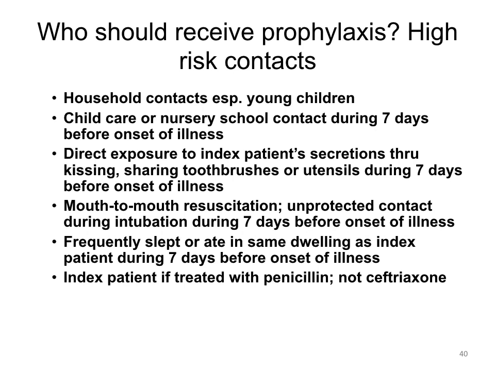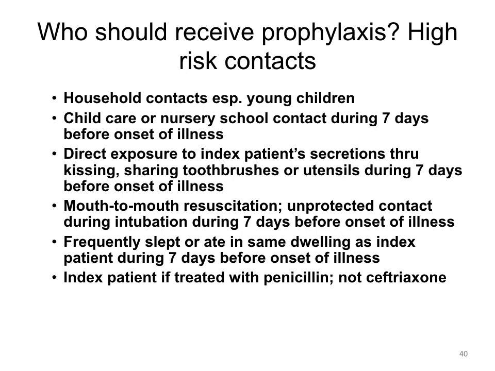Healthcare personnel who do mouth-to-mouth resuscitation. And if you have unprotected contact during intubation, you did not wear a mask, for example, during the 7 days before the onset of illness in the index case. If you frequently slept or ate in the same dwelling as the index patient during 7 days before the onset of illness.